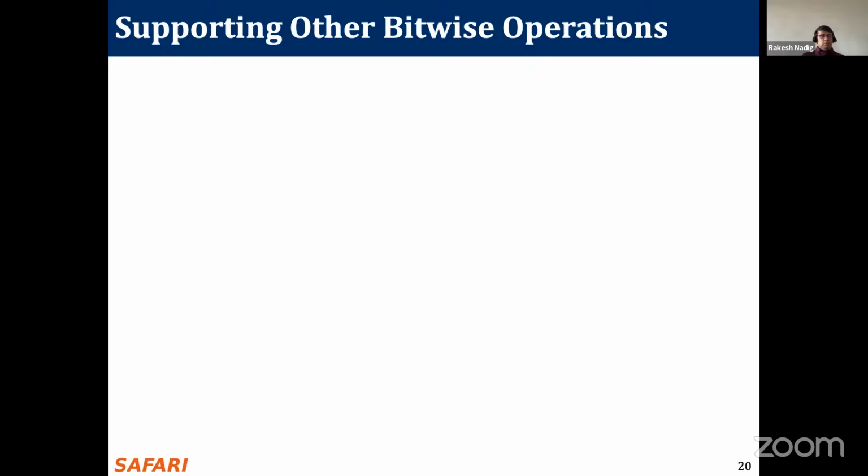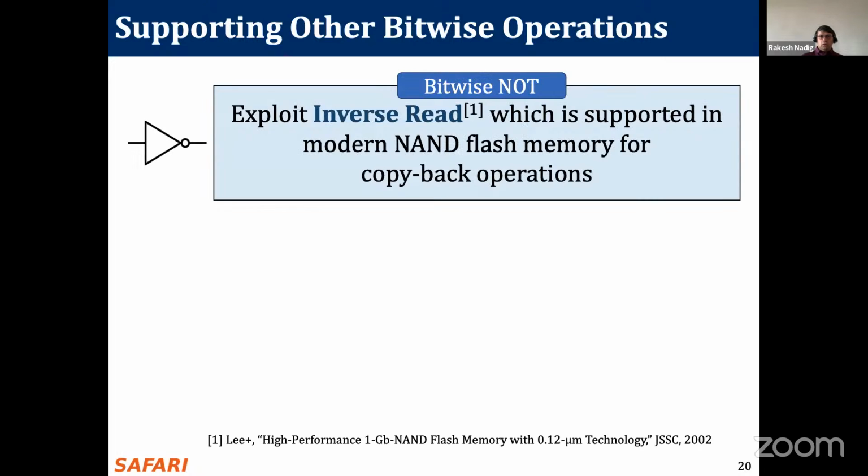So now we have looked at how we can enable bitwise OR and bitwise AND in a flash chip. Now we look at how we can perform other operations. Flash Cosmos can also support other operations like bitwise NOT.